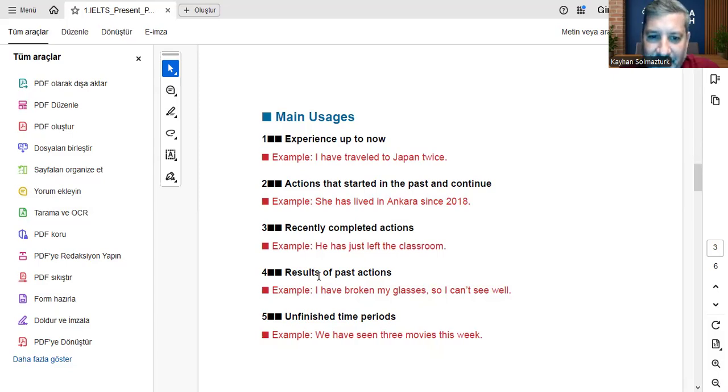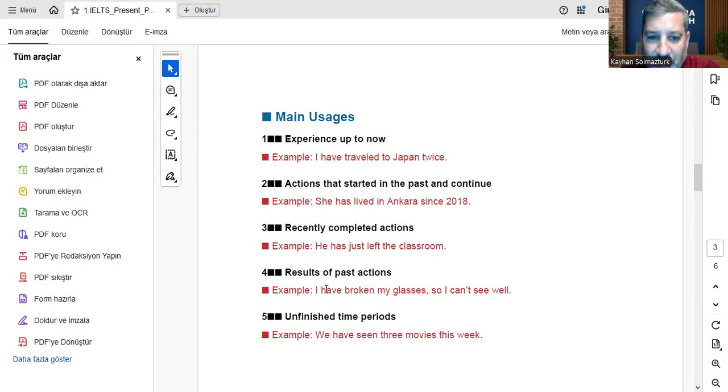So again, you broke your glasses at a specific point in the past, but if you want to mention the result of that action, it means I broke my glasses, but actually, the result, we can also say the effect of this action, is you can't see well now.